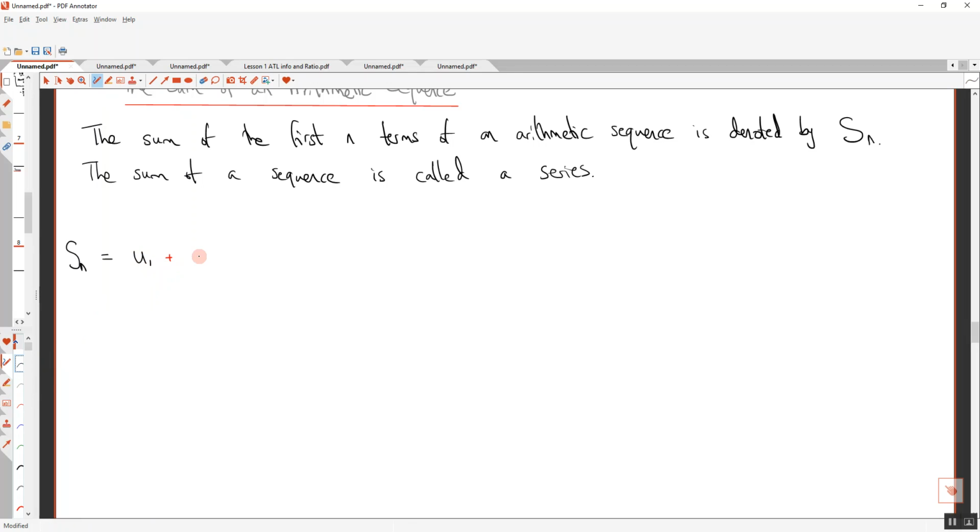U2, or U1 plus D. Okay, U1 plus D. And then we're going to add on to that, what's the next term? U1 plus 2D. Alright. Next term is U1 plus 3D.